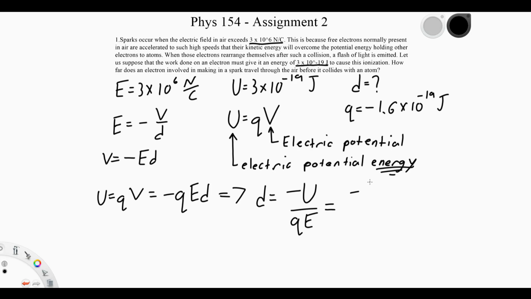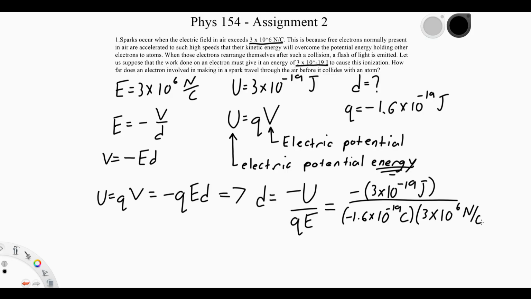Okay, so let's plug all these values in. We're going to have negative 3 times 10 to the negative 19 joules divided by the charge of an electron, negative 1.6 times 10 to the negative 19 coulombs, times the electric field, which is 3 times 10 to the 6 newtons per coulomb.